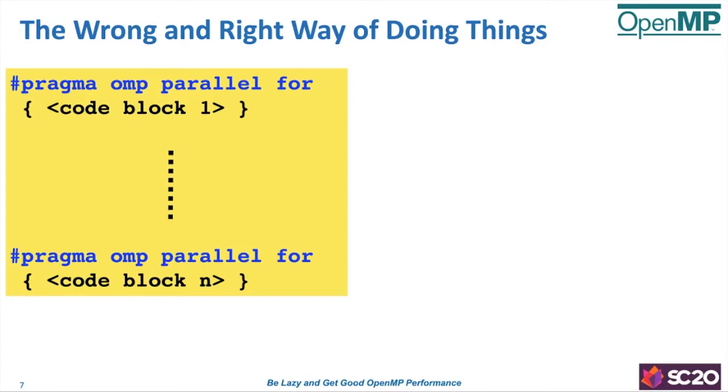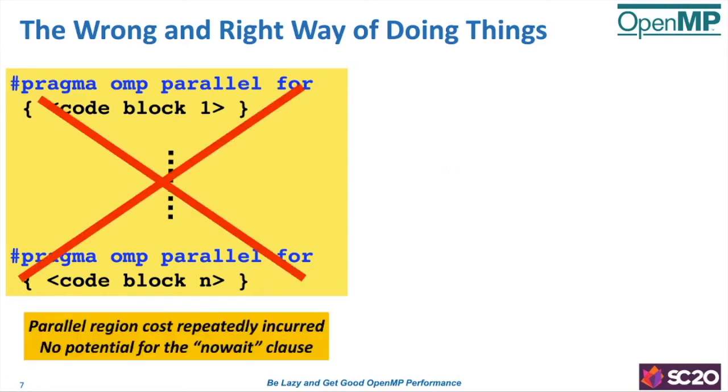Let's say you have a bunch of loops and they can all be parallelized. You will get the right result when you do that. It's very tempting to use a pragma omp parallel for and parallelize each individual loop. I've seen that in numerous codes, and in as many codes, I've fixed it because it's a bad idea. Think about the cost associated with the parallel region.